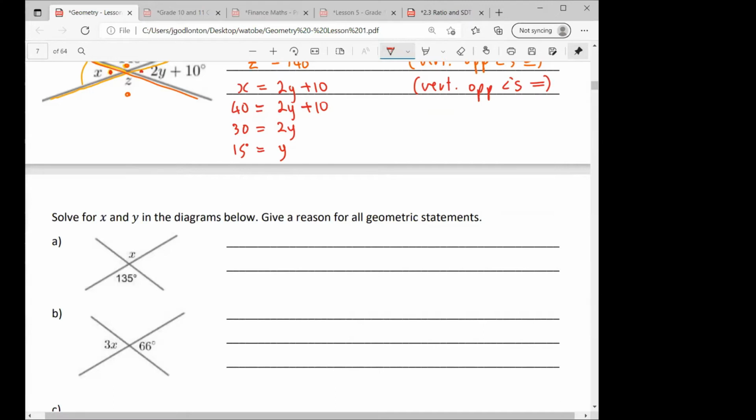Okay. When you have an answer, just put it into the comments for me. Let's see if we can get an answer for A and an answer for B. What would X equal in A? What would X equal? Think about your vertically opposite angle reason.